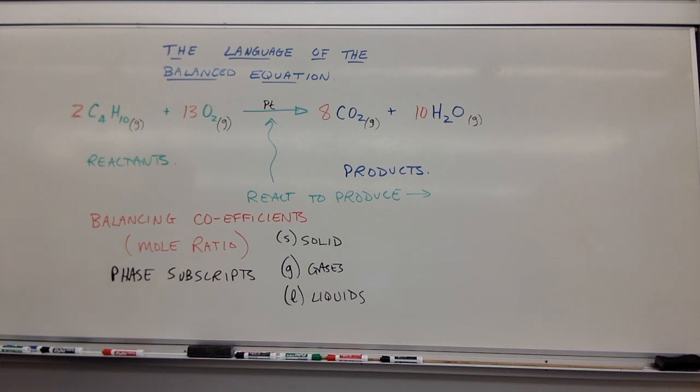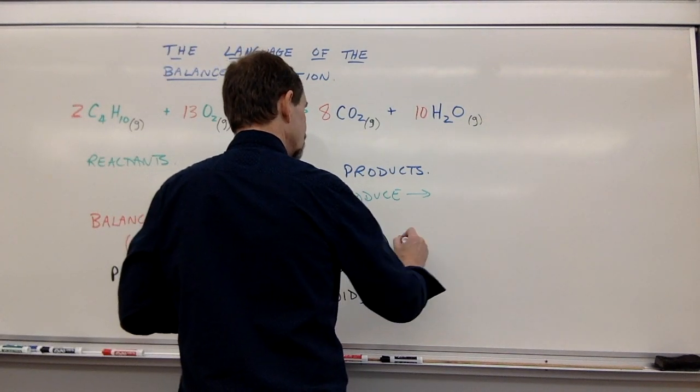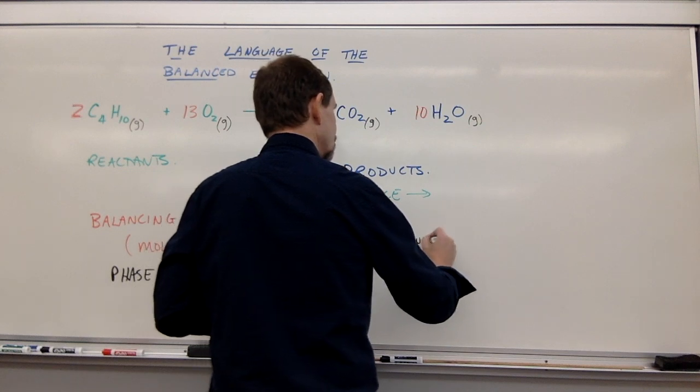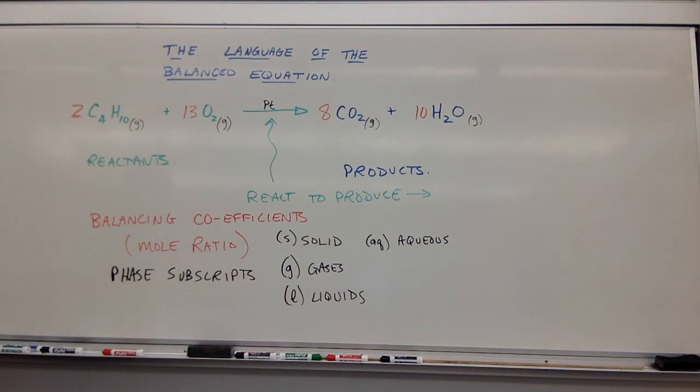Well, not quite. If you have a solution, something dissolved in water, we would use AQ to say aqueous, dissolved in water. Maybe it's not dissolved in water. Maybe it's dissolved in alcohol.